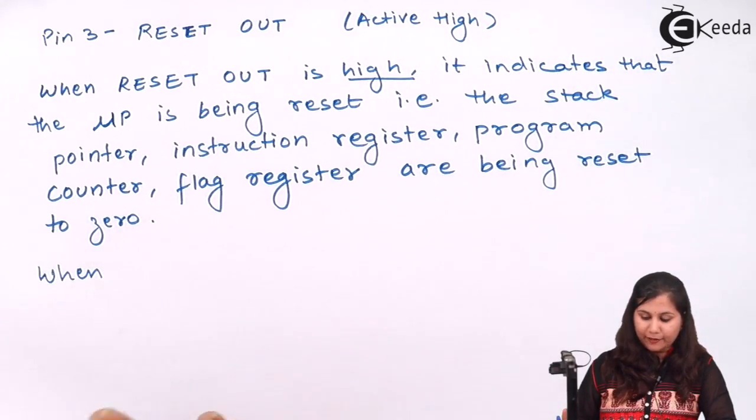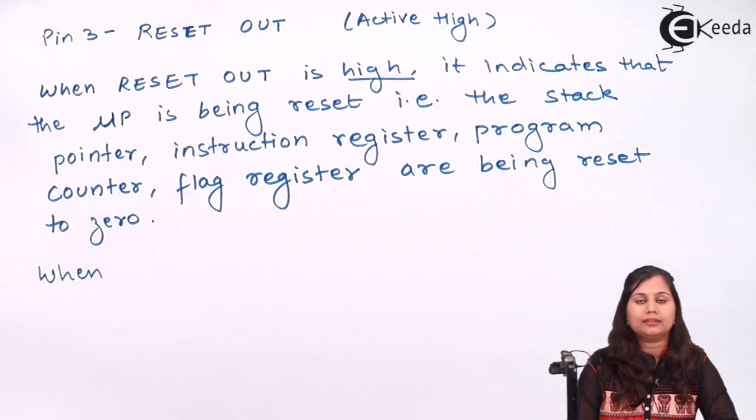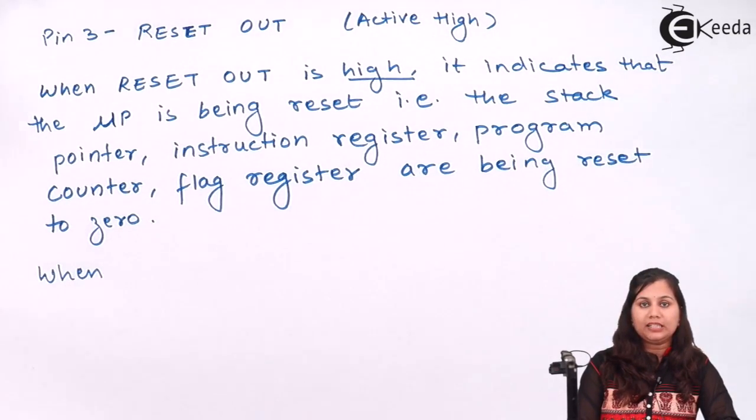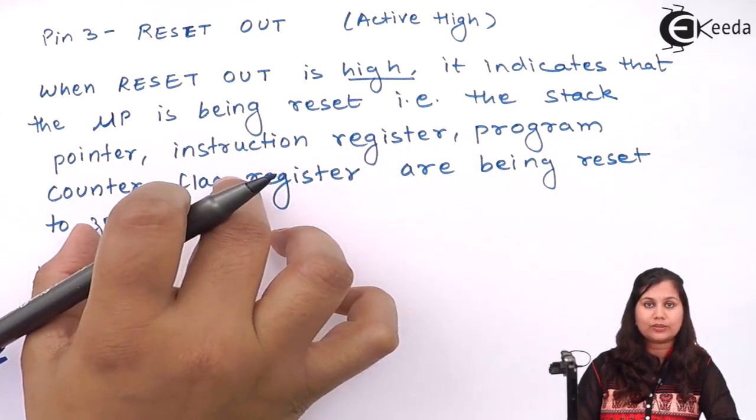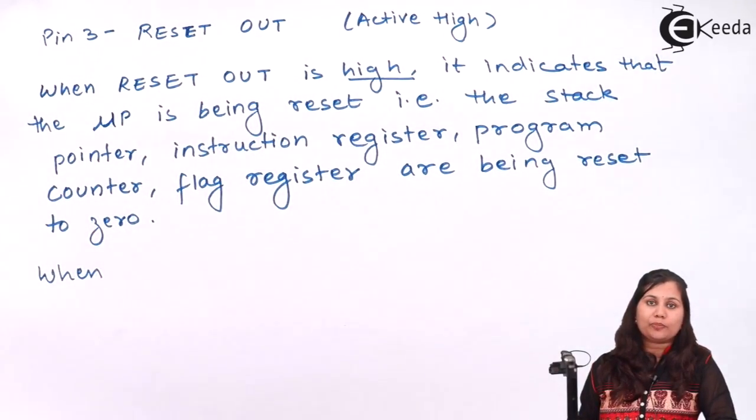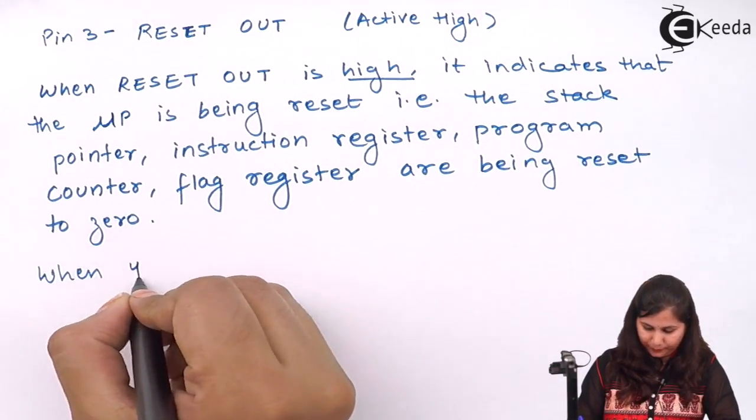Now while processing, if you want to bring the microprocessor back to its initial conditions, then just press this switch or reset out signal, and then the microprocessor is again brought back to its initial conditions.